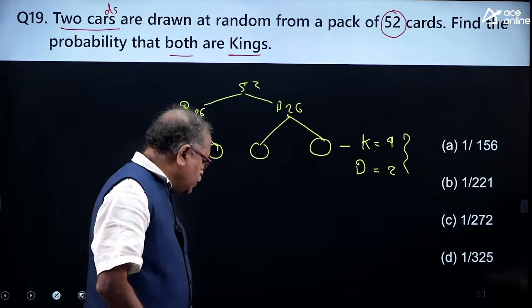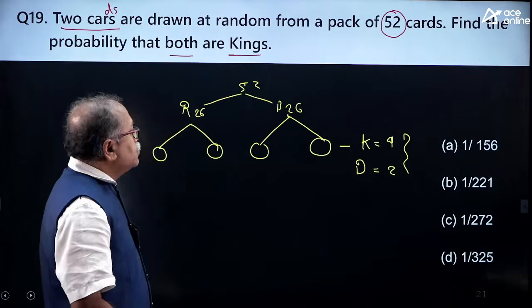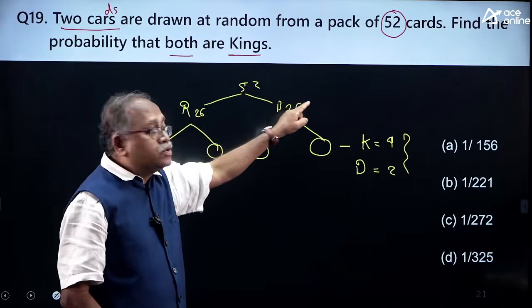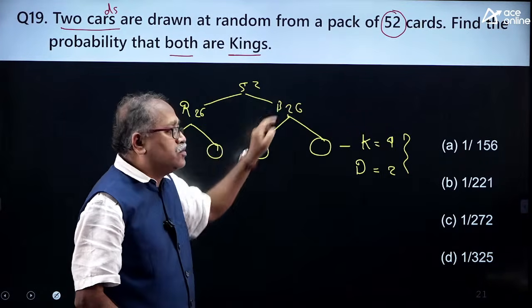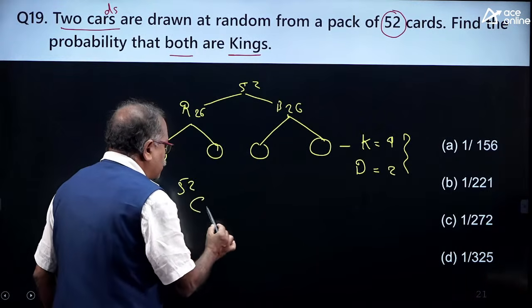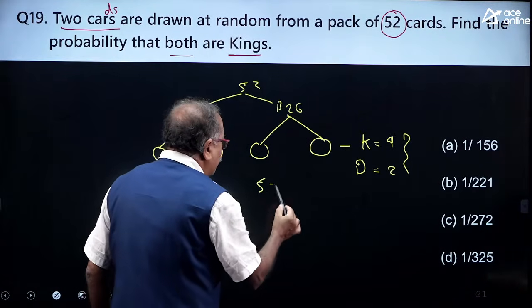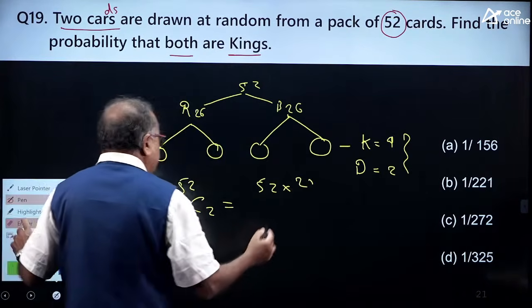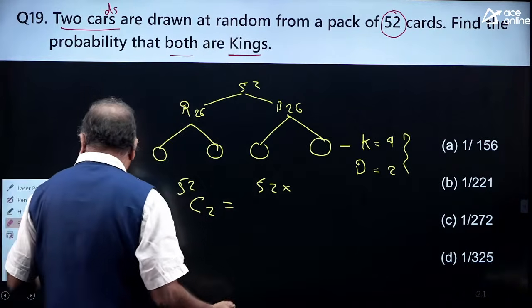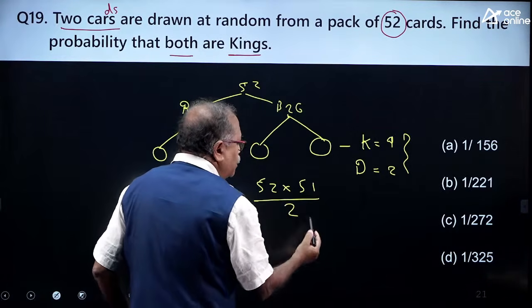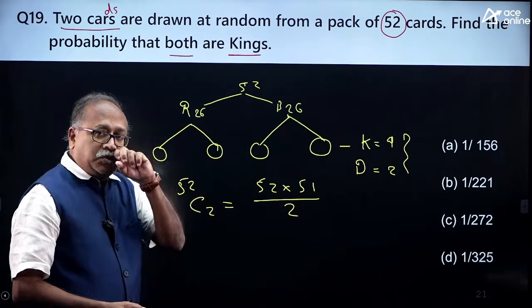Time is over. So what is the total outcome? From 52 you are taking out 2. So 52C2. What comes 52C2? That is nothing but 52 into 51 divided by 2 into 1, that comes 2.